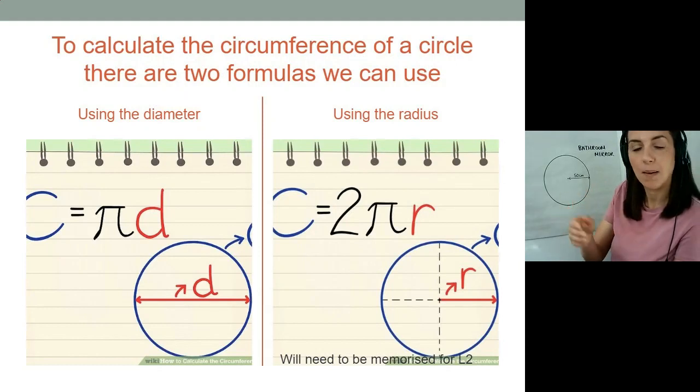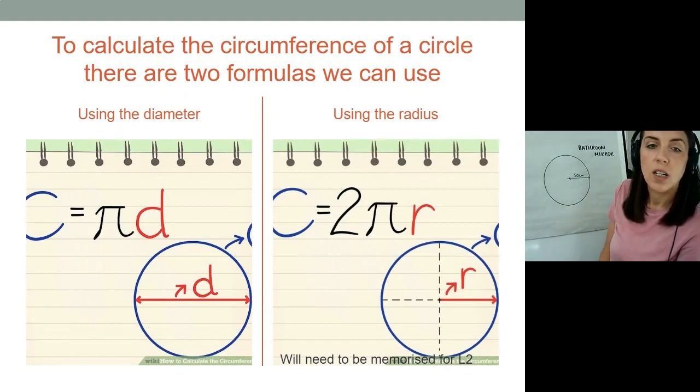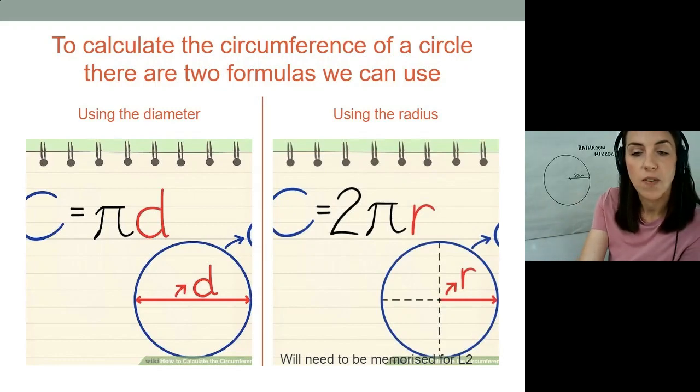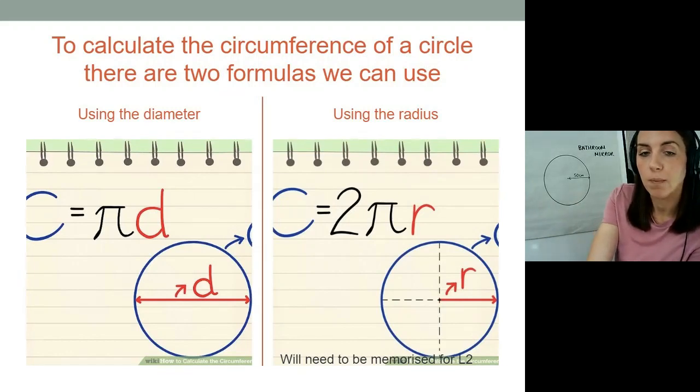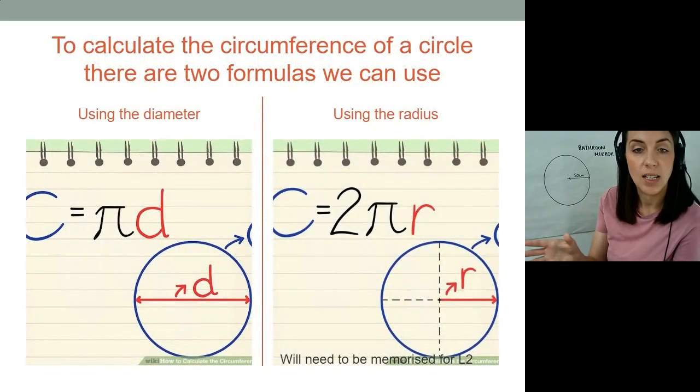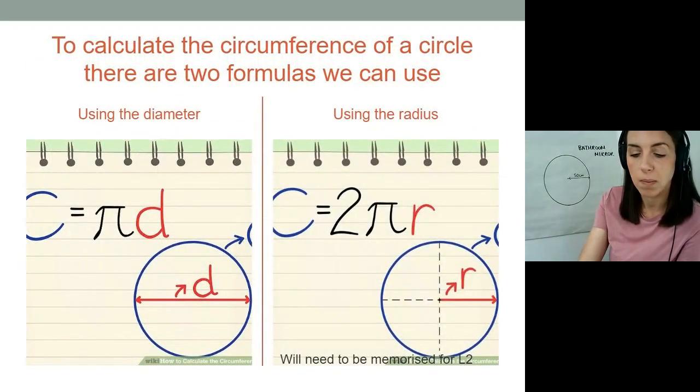So pi d means pi times diameter. Or we can calculate the circumference of the circle using its radius. And the formula for that is 2 pi r. So 2 times pi times the radius. This will need to be memorised for level 2, the circumference of a circle. But it doesn't matter which one you use. I tend to use pi d, some people use 2 pi r. It doesn't matter.